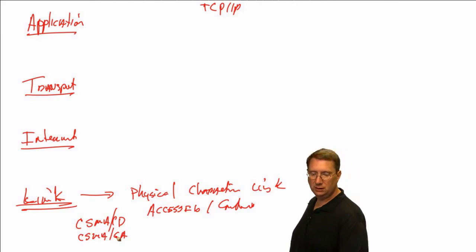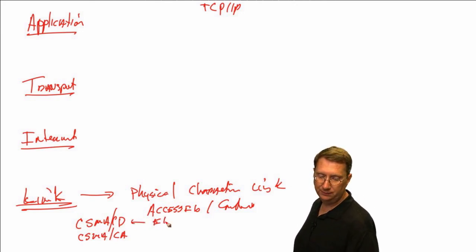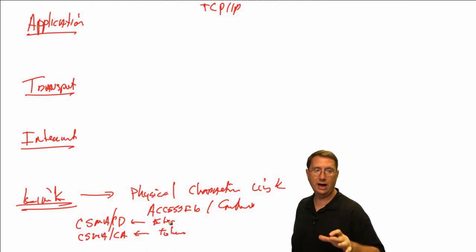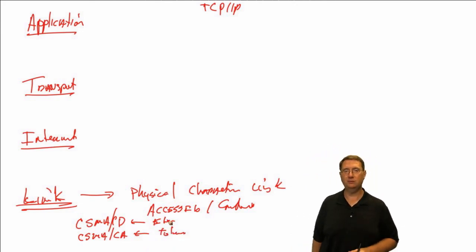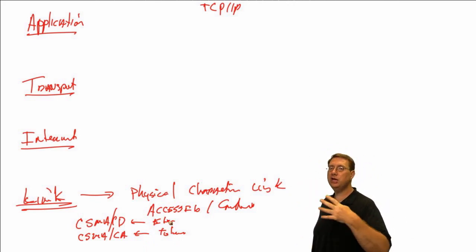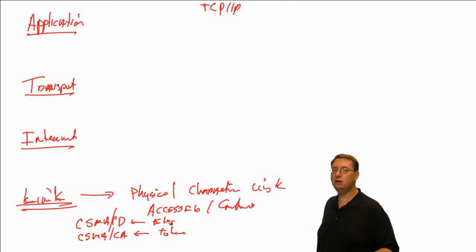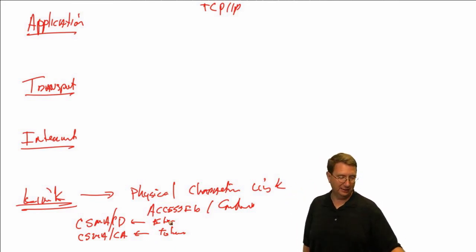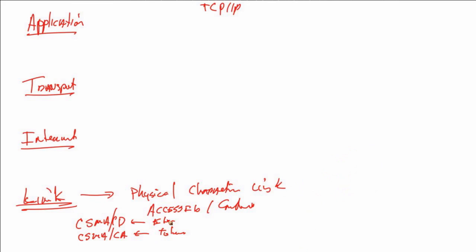Collision detection was Ethernet. The collision avoidance method was a technology called token ring, which has long died. It's gone the way of the dodo. It's nothing that we're going to have to worry about. But what we do need to understand here is that the terms governing the negotiation of how we're going to use this wire to share information all take place in the link layer of the TCP/IP protocol suite.